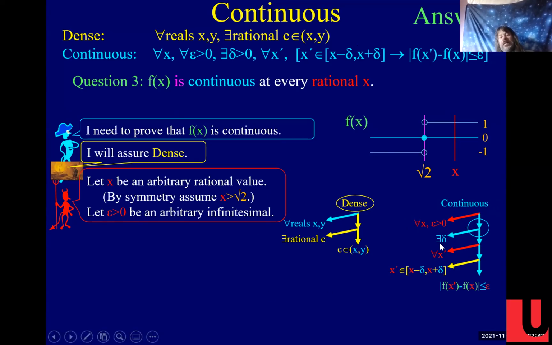So now we have to construct the delta. We need to construct the delta so that for any range in here, anything in here has to have a value close to 1. We have to give a delta, some range in here, so that for everybody in this range, the answer is close to 1.